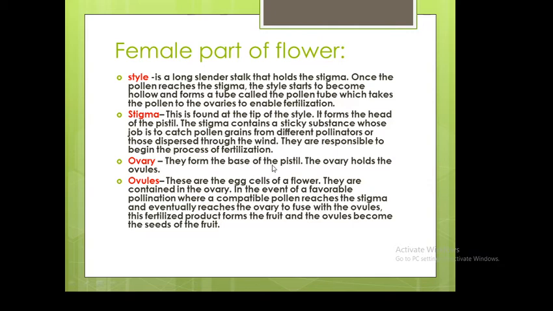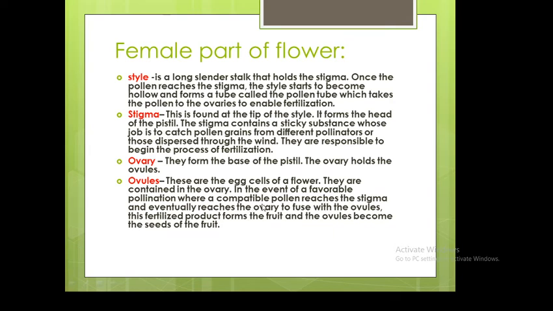Ovary, it is the base of the pistil. The ovary holds the ovules. The ovules are the egg cells of a flower, and they are contained in the ovary, where the fertilization takes place.